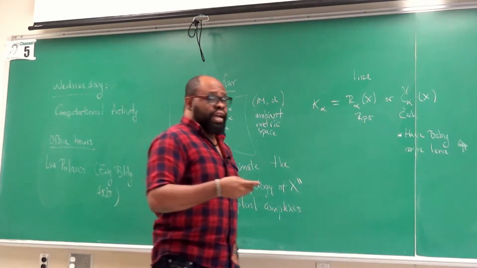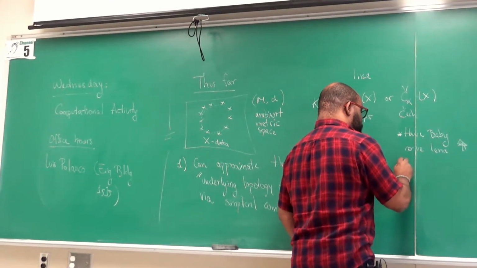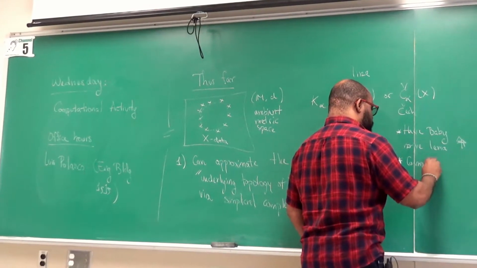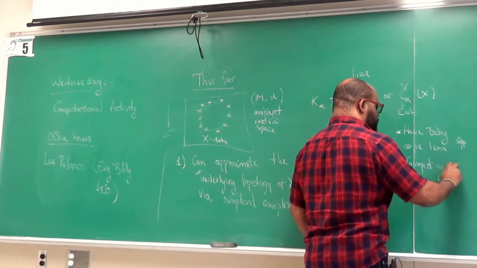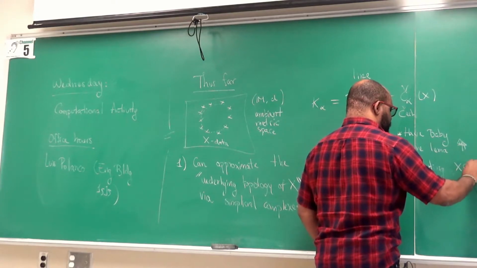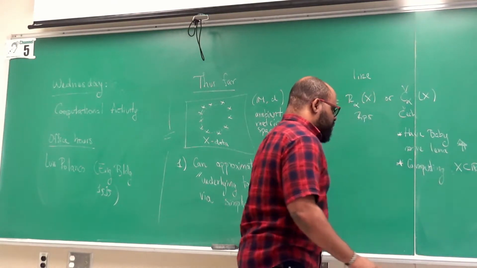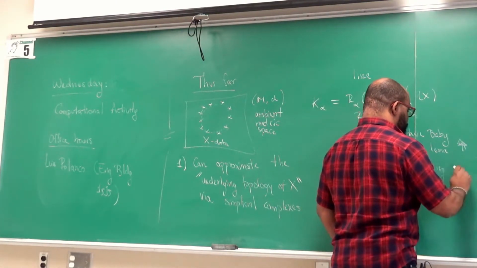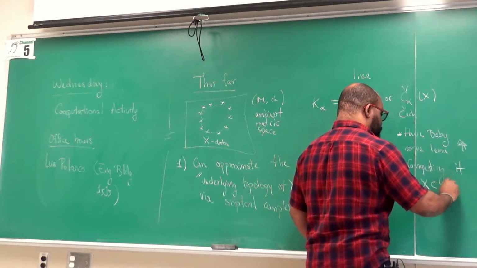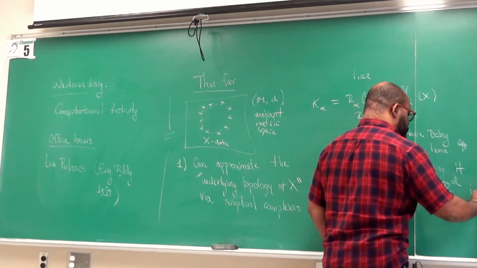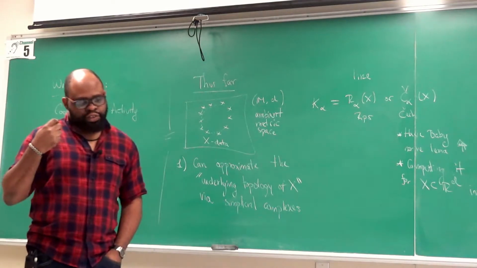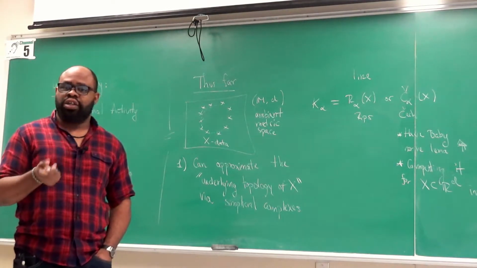But its computation, at least in Euclidean space, involves, and again, this is for X inside R^d, computing it for X inside R^d involves this problem of the smallest enclosing ball, right?